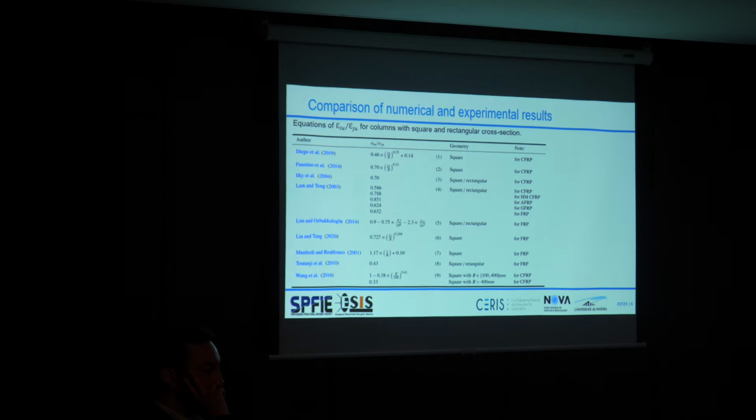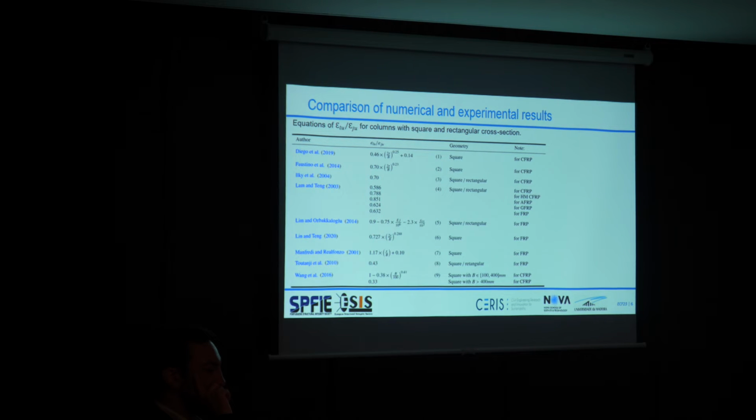Here we can see the equations that were used to couple with the models. We work with the ratio between the observed strain at failure and the ultimate strain provided by the manufacturer. In some cases, as in Ilki et al., Lamontagne, and Tutangi et al., we only have a reduction by a simple constant.